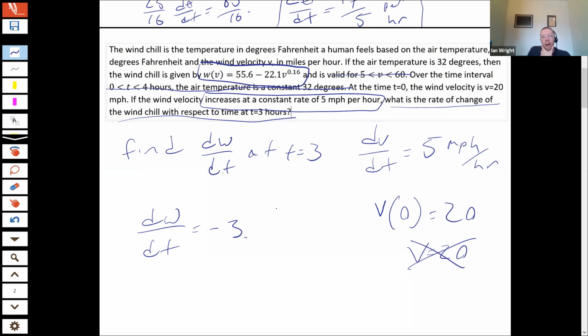You get 3.536 times v to the negative 0.84. So this is a power rule derivative. And then chain rule, dv dt.